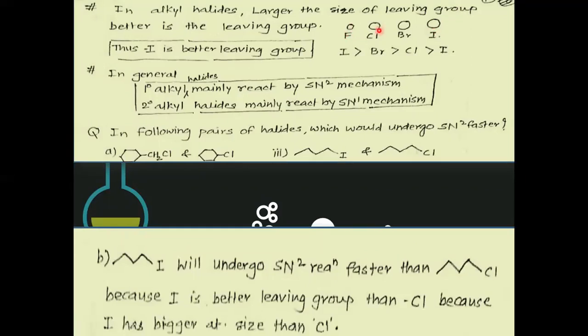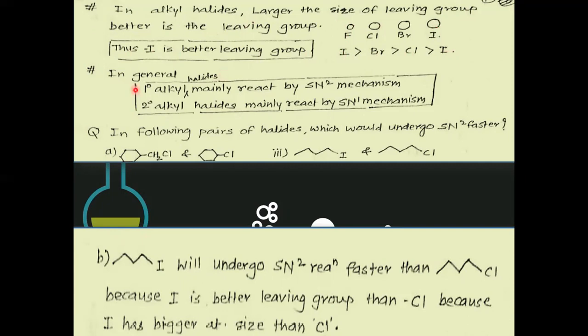Fluorine is the smallest, then chlorine, then bromine, then iodine. Thus iodine is a better leaving group because of bigger size. Larger the size, better is the leaving group. So iodine is a better leaving group than bromine, than chlorine, than fluorine.